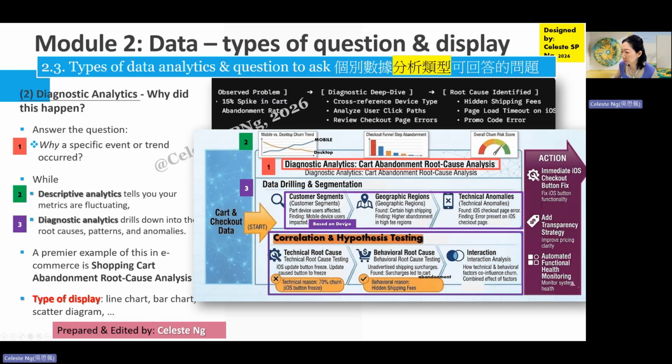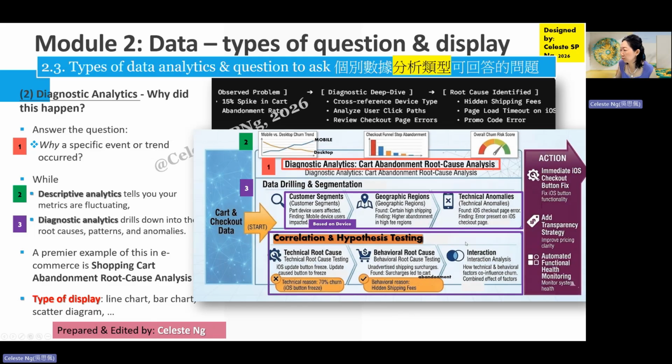And then from this customer segment based on device use, we further do some data drilling to understand which geographical region the device is coming from. Is it the northern region, southern region, or whatsoever?